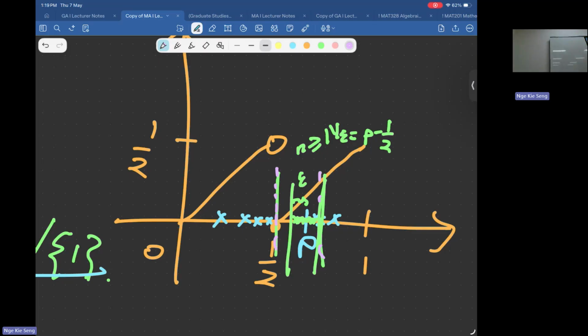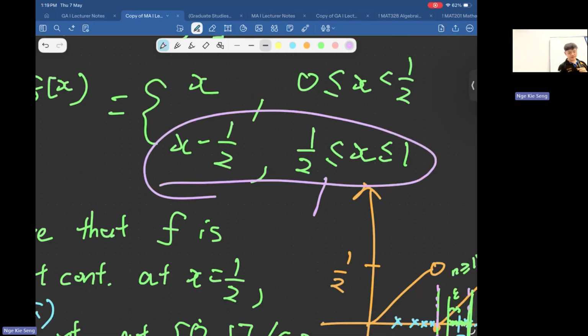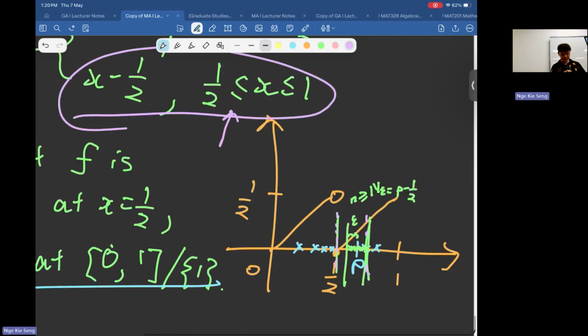I want to avoid this point. Which piece defines this point? Let me check first. Yes, that's fine, because half is defined by the second piece, so it doesn't matter. Epsilon equal to p minus half is okay. Or you can use half times p minus half. This avoids it. Cool.